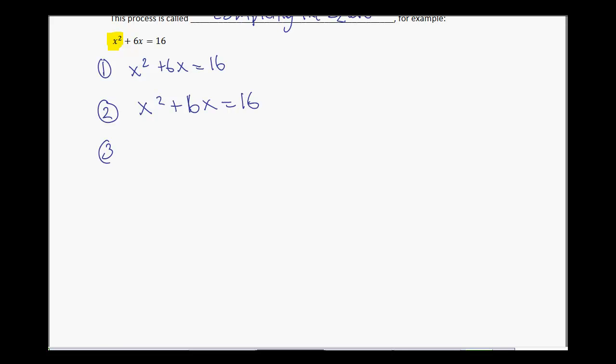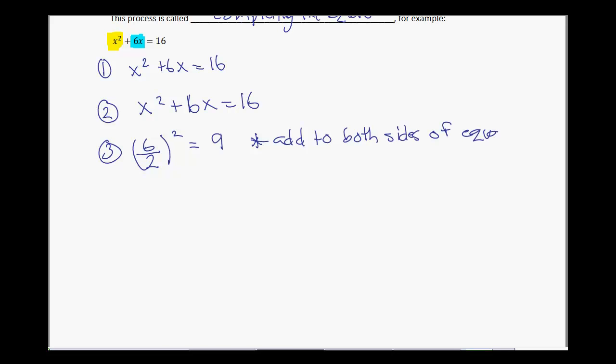Now this is when it gets a little tricky. Step 3, we're going to complete the square. And we do that by dividing our b coefficient here of 6 by 2 and then squaring it. And here we get 6 divided by 2 is 3, 3 squared is 9. And once we find that constant, we have to add it to both sides of the equation.